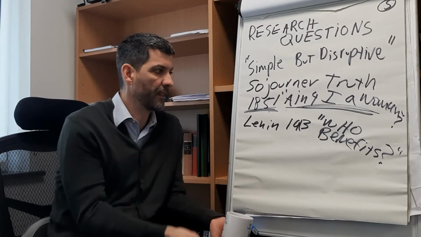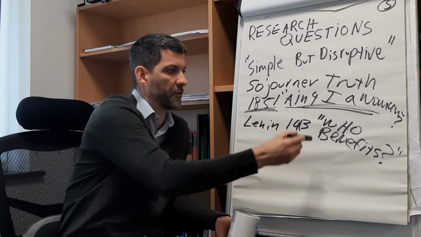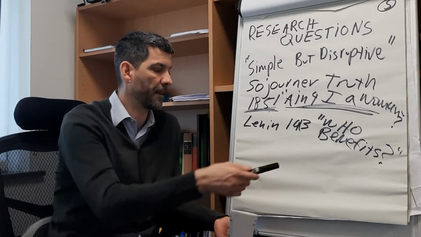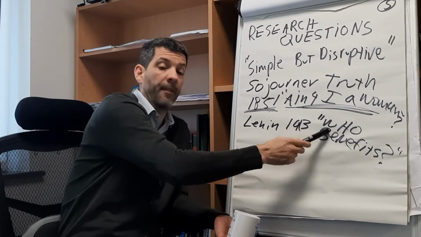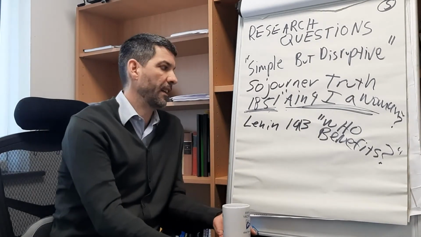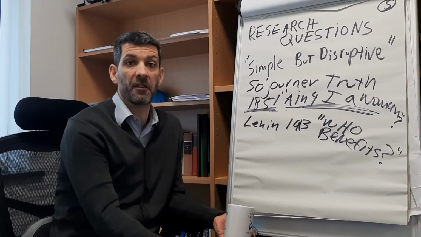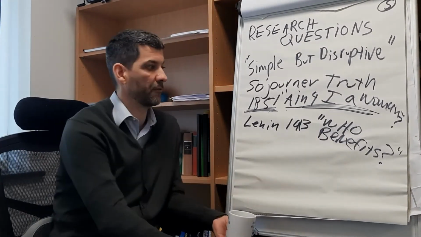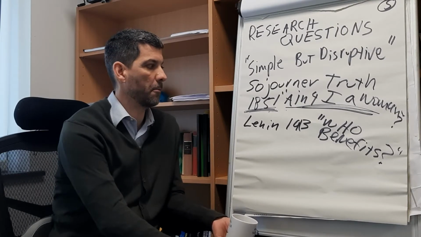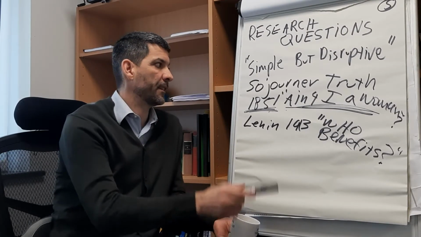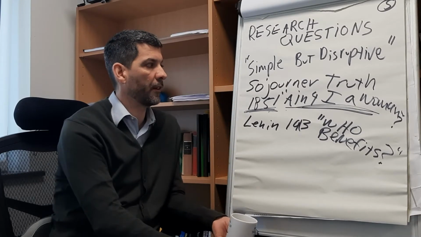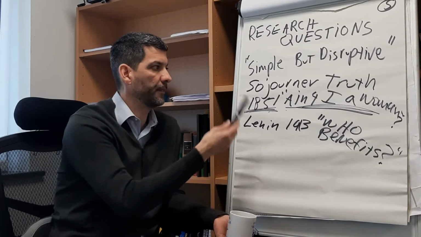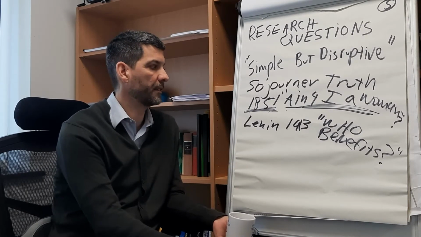Now this question goes all the way back into the Roman Empire, but it's a very simple question, and again, very disruptive, right? If people start to ask that question, who benefits? And you could think of, historically, other questions that were simple, but extremely disruptive.